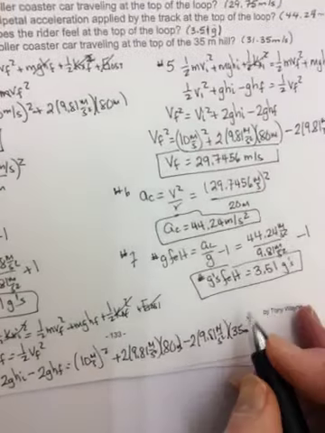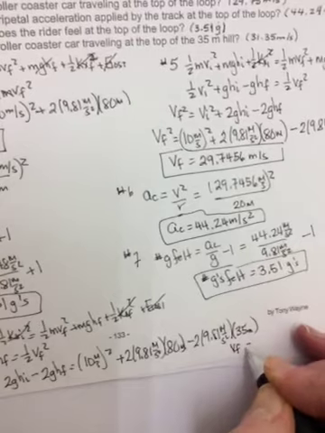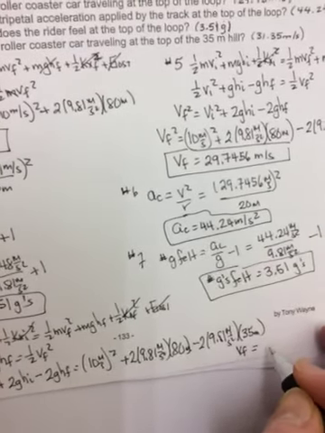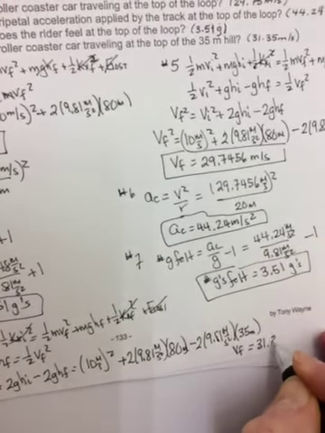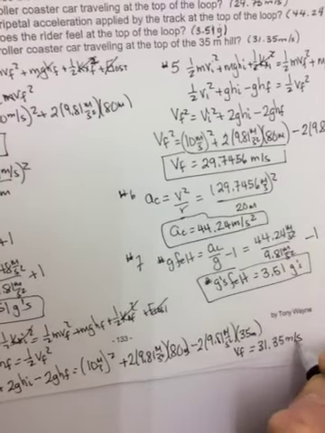Remember, that's going to be VF squared, take the square root, and according to the paper, you should get something like 31.35 meters per second.